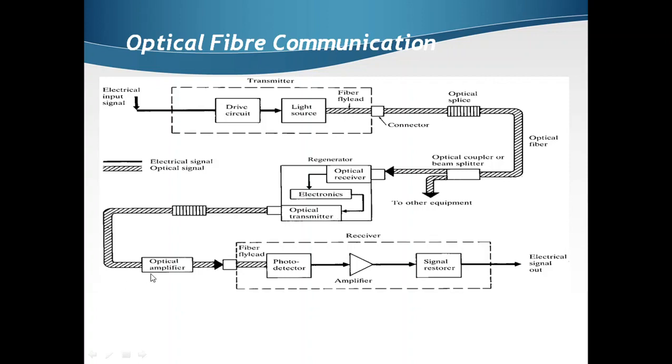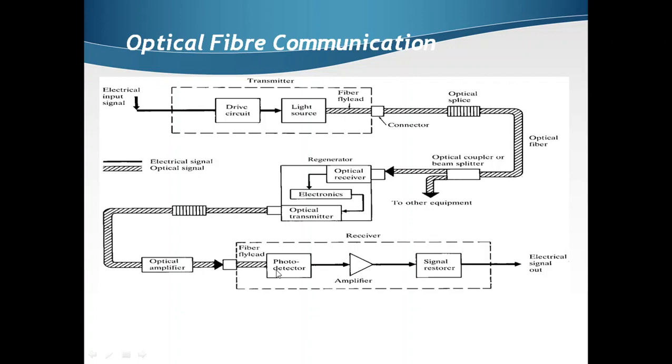But the optical amplifier does the amplification in the form of light itself. It does not convert the signal again into electrical form. So this amplified signal is then fed to the receiver using the connector.